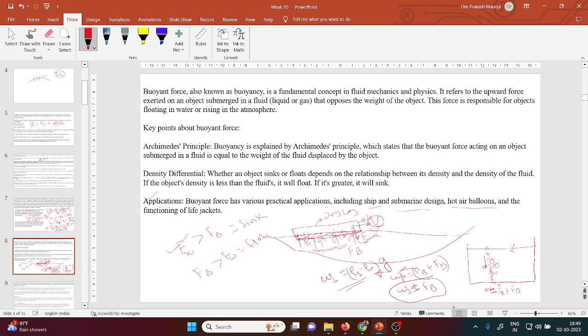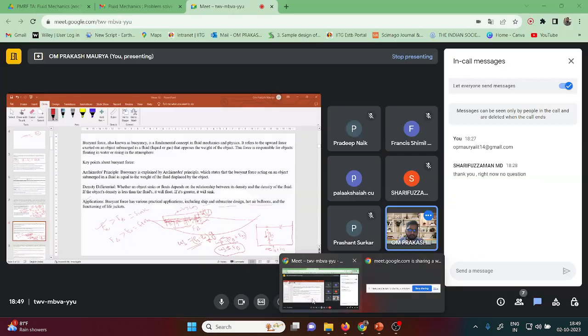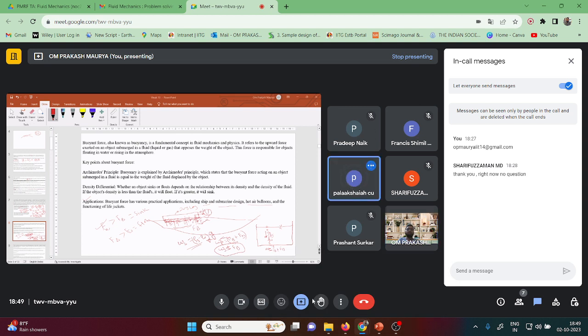This is the whole concept: this type of force acts when the body is sinking in the water body. I hope I am able to explain.